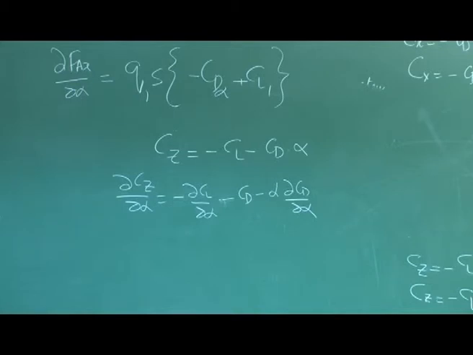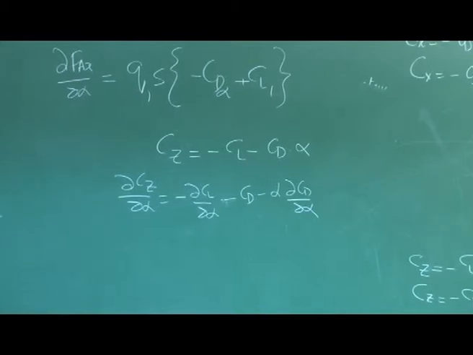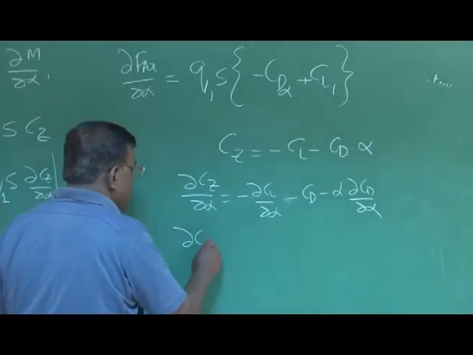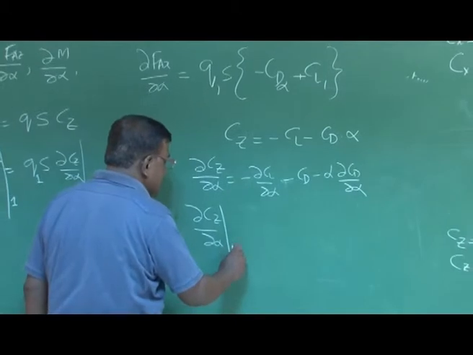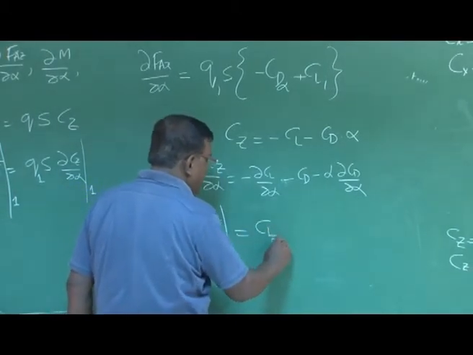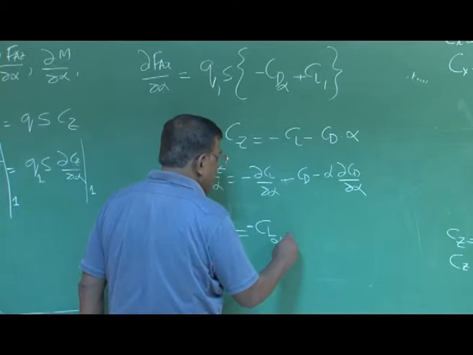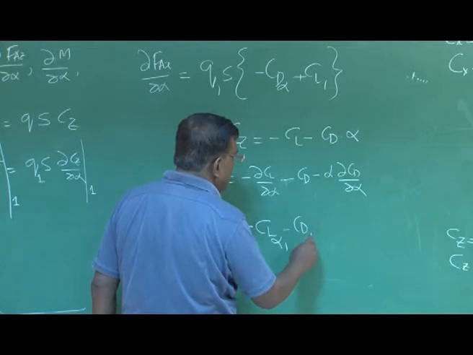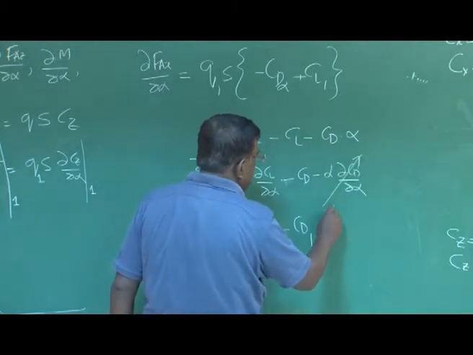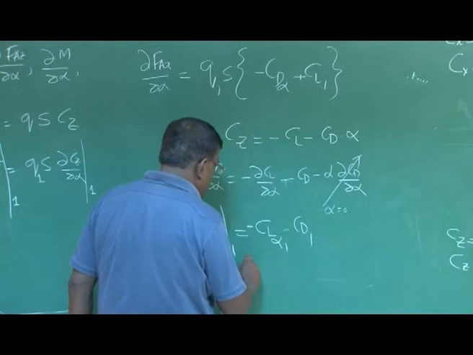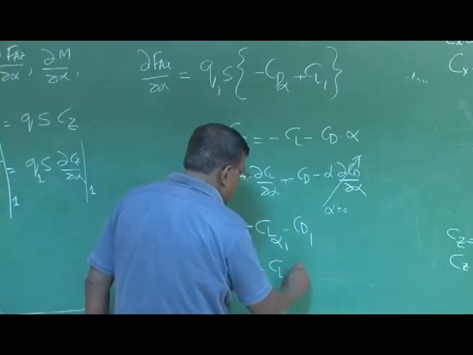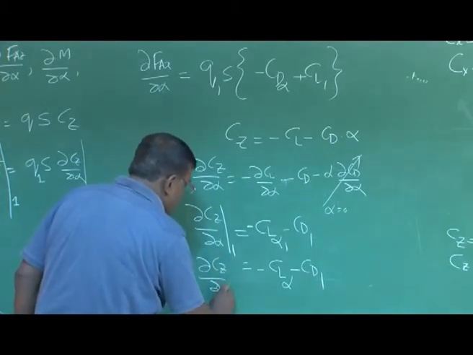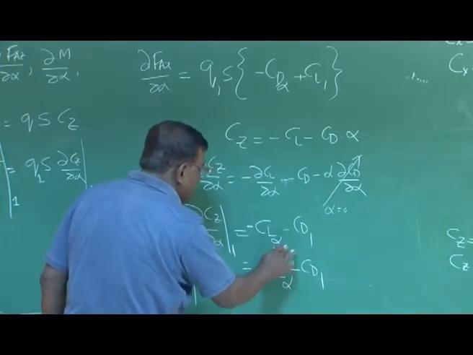I am just taking a derivative both sides with respect to alpha. So dCz by d alpha at steady state becomes minus CL alpha minus CD1, and because at steady state alpha equal to 0, this term goes. So this is minus CL alpha minus CD1. This is dCz by d alpha. I can remove this alpha 1.